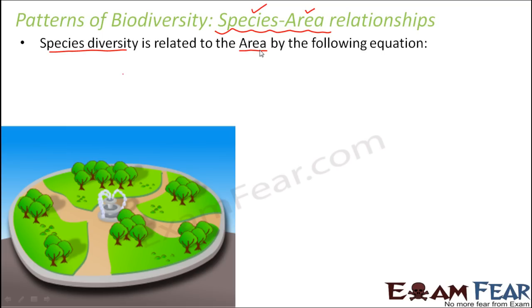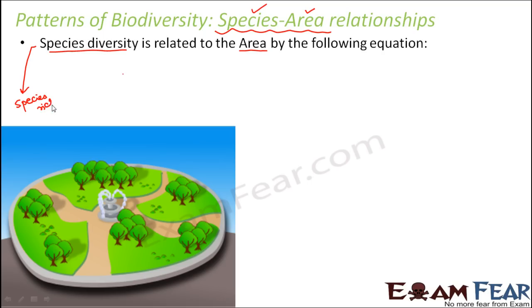Now, before we talk about the equation which gives us a relation between the two, we should be clear about what we exactly mean by species diversity. Species diversity basically talks about the richness of species, that means how many different species exist in a particular area. It includes two terms.